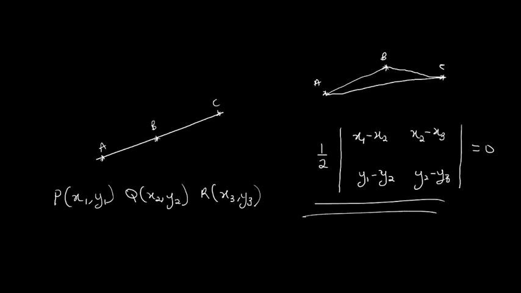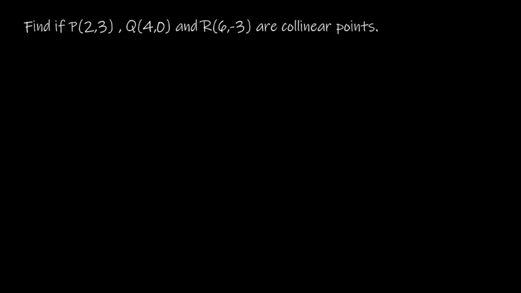So let's go ahead and look at how to use this formula in real time. We have to find if the points P (2, 3), Q (4, 0) and R (6, -3) are collinear points. So let's write down our solution. Now we know that we are using the area of a triangle formula and not the distance or the slope formula.